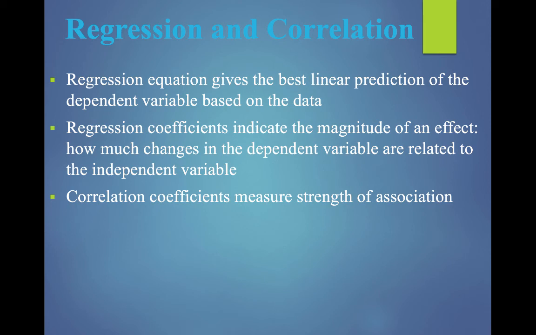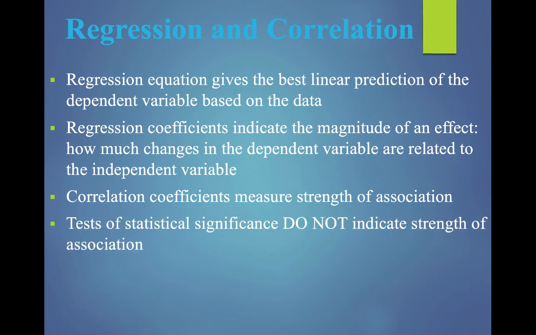Correlation coefficients indicate the extent to which two variables move together, so the regression is indicating the impact of a unit change in the variable on the estimated variable, right? Meaning, if you increase this particular variable, how much does that affect the other variable? These tests of statistical significance do not indicate strengths of association. That's why you have to do other kinds of statistical tests, or those measures of association, separately.